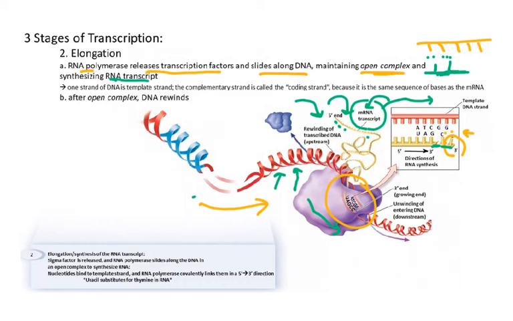So really we're just unzipping it long enough to use that sequence of nucleotides to make our RNA transcript, and then in the wake of RNA polymerase, the DNA reseals itself, protecting that nucleotide sequence, but allowing this mRNA sequence to exist. So this is the elongation stage, and this happens as RNA polymerase moves along, creating an open complex, but then allowing the DNA to reseal in its wake.